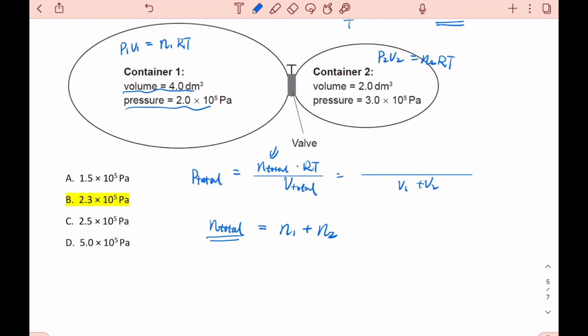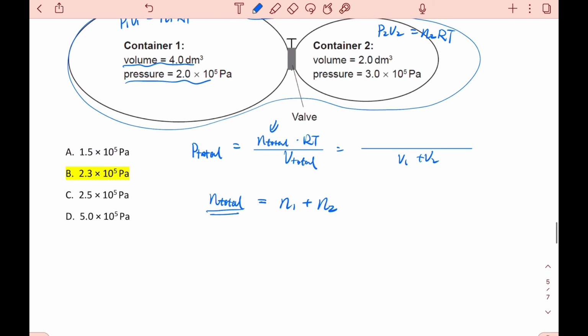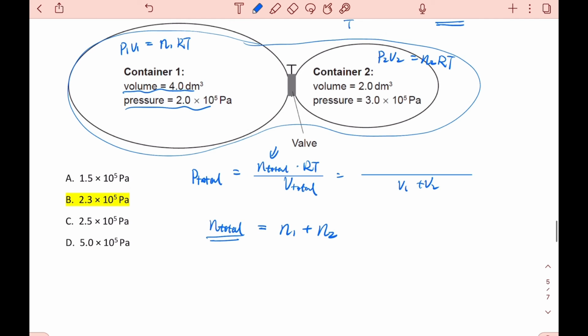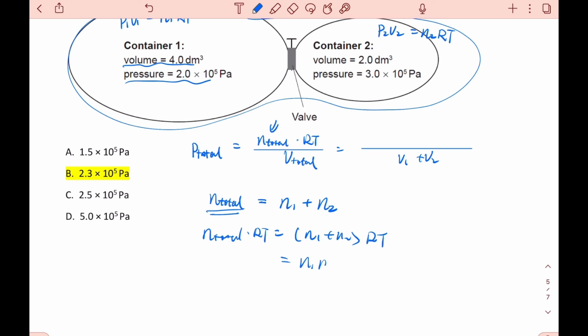They're still in the entire container space. So all we need to do is put n1 and n2 together. There we have our n total. So n total times RT should equal n1 plus n2 times RT, which is n1RT plus n2RT.